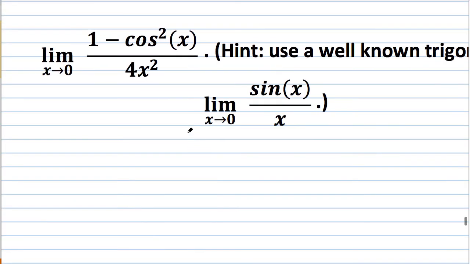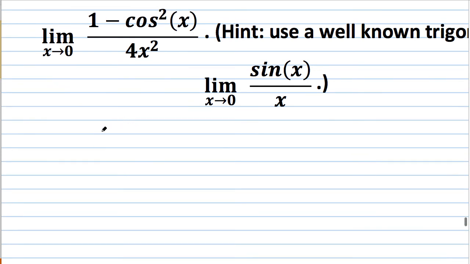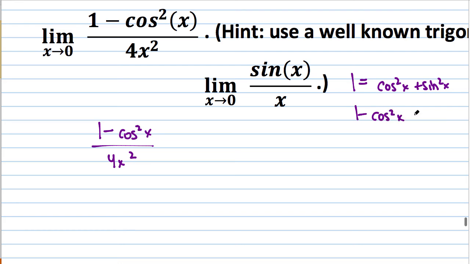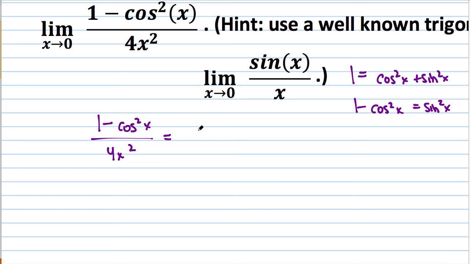So we're going to start with our function 1 minus cosine squared x over 4x squared. My trig identity that I want to use is 1 is equal to cosine squared x plus sine squared x. Therefore, 1 minus cosine squared x is equal to sine squared x. So I can rewrite this function as sine squared x over 4x squared.